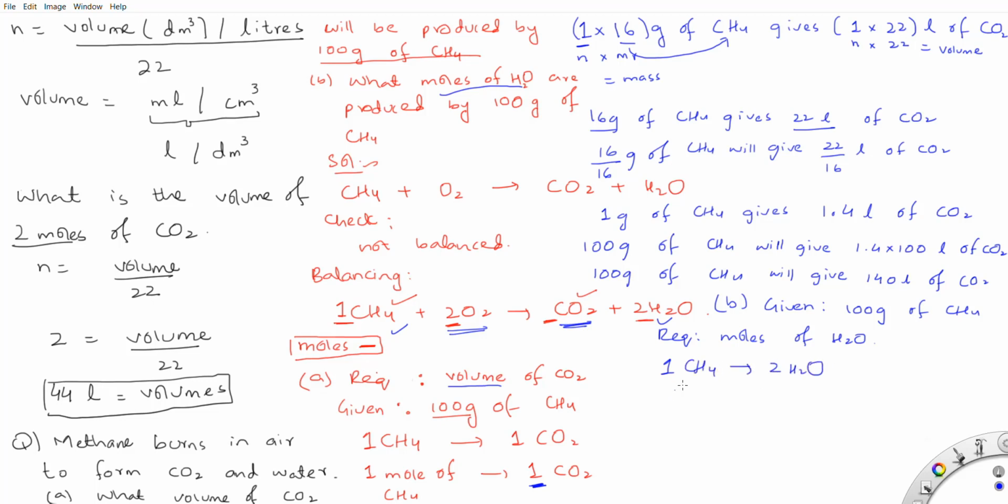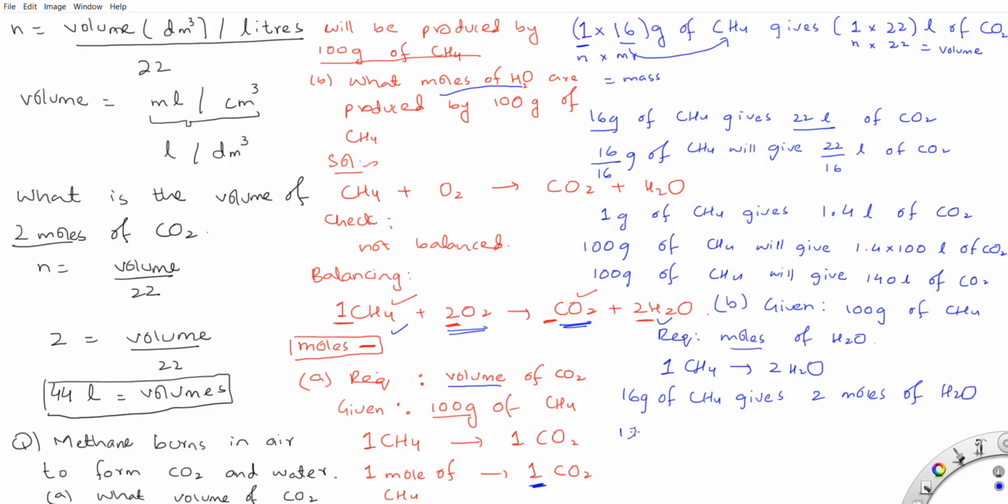Again, by using the same process as utilized here, I can directly write 16 grams of methane gives 2 moles of water already. That's okay. Now I don't need to convert these moles into anything, as my requirement is moles. Now I only need to convert this 16 to 100. According to the same approach that I explained previously, this can be divided by 16, and the same goes for here. Then it becomes 1, and then 1 times 100, and the same thing times 100.